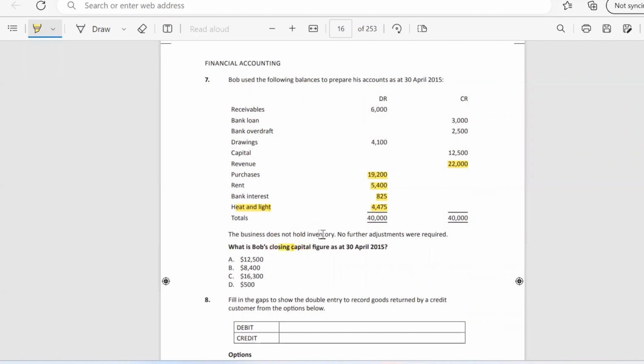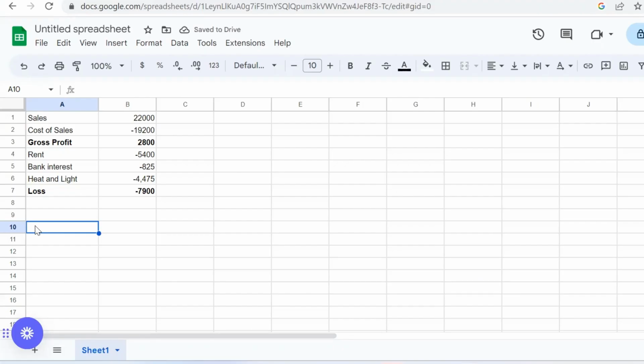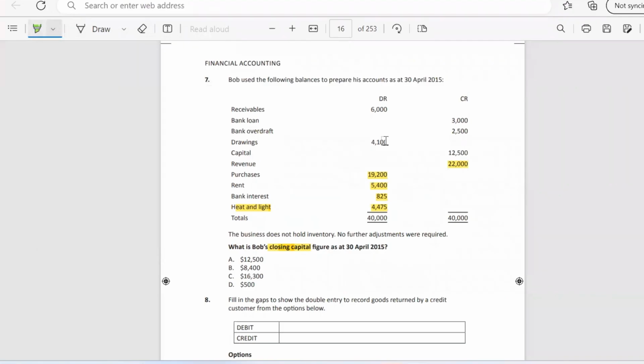And let's write the accounting equation for closing capital. It's opening capital plus capital introduced plus profit minus drawings. And let's summarize our numbers.